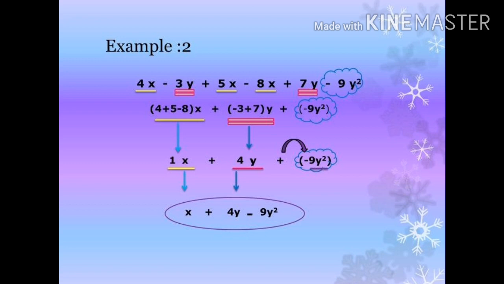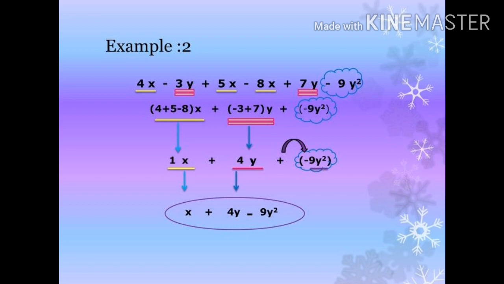So 4x plus 5x and minus 8x will be taken together in one bracket and x will be taken as common. So 4 plus 5 minus 8 makes 1x. This 1x means x only. Now see the middle one. Here it is minus 3 plus 7 in one bracket and y is common.